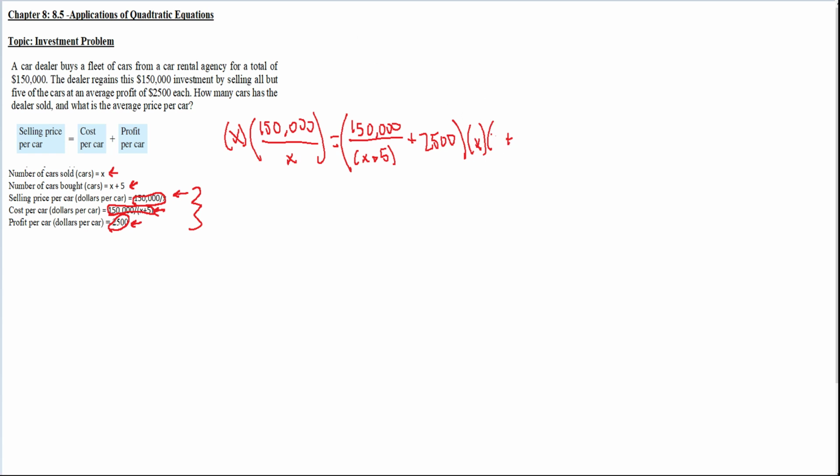Multiply each side by x plus 5. When we do that, the x's here cancel, and both of these are being distributed. We want to remember that when we distribute the x plus 5 to our first term here, those actually cancel.